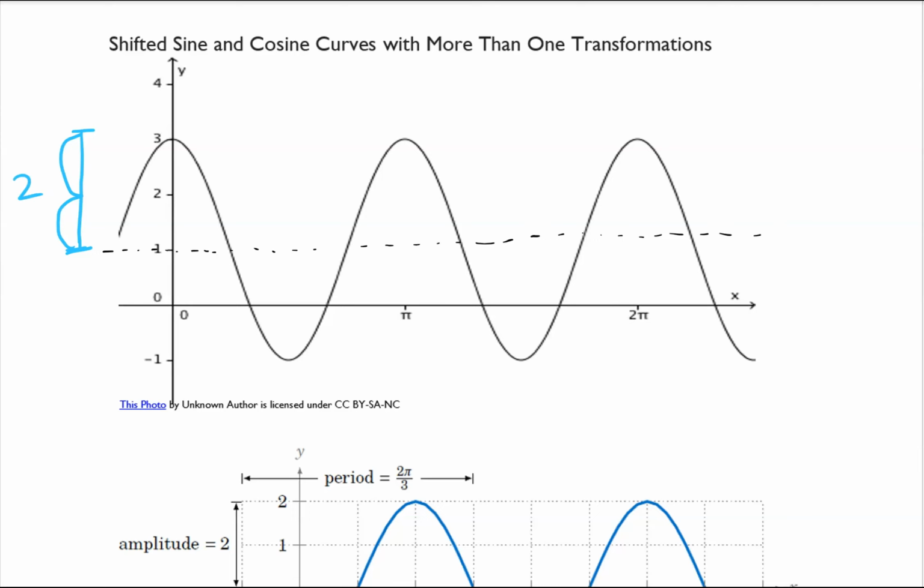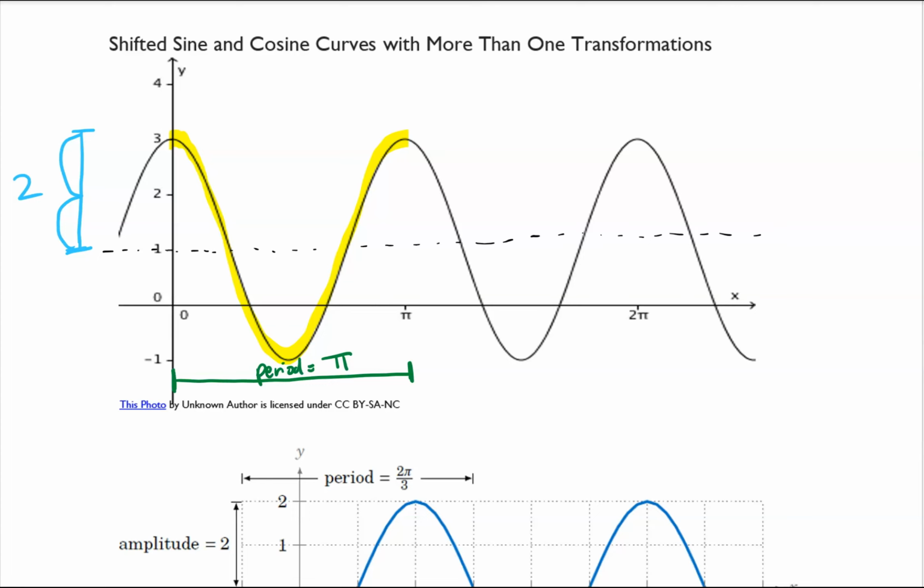And notice that there is no phase shift since we are starting our first value on the y-axis, and then 1 full period is what I have highlighted here. And notice that the distance from here to here is from 0 to pi, so that is pi units, or our period is pi.